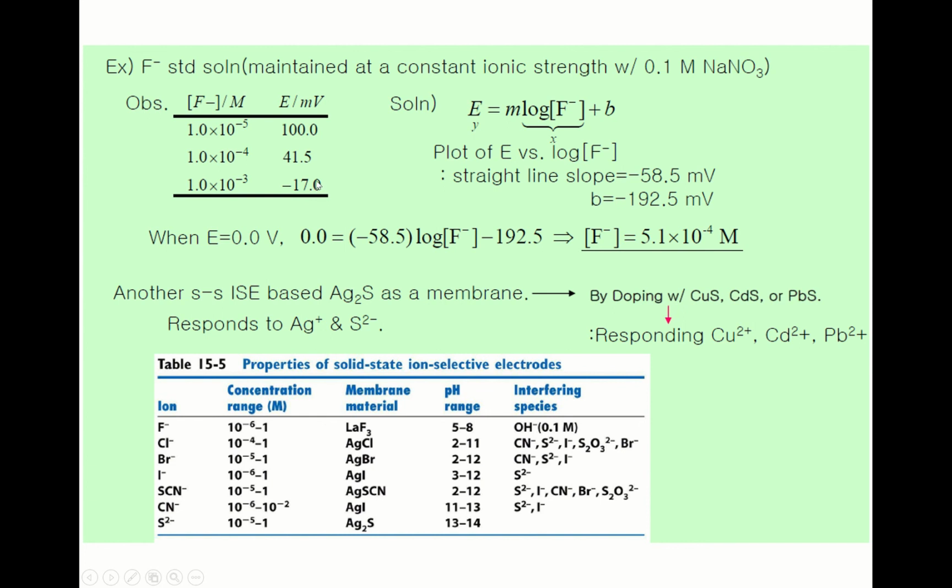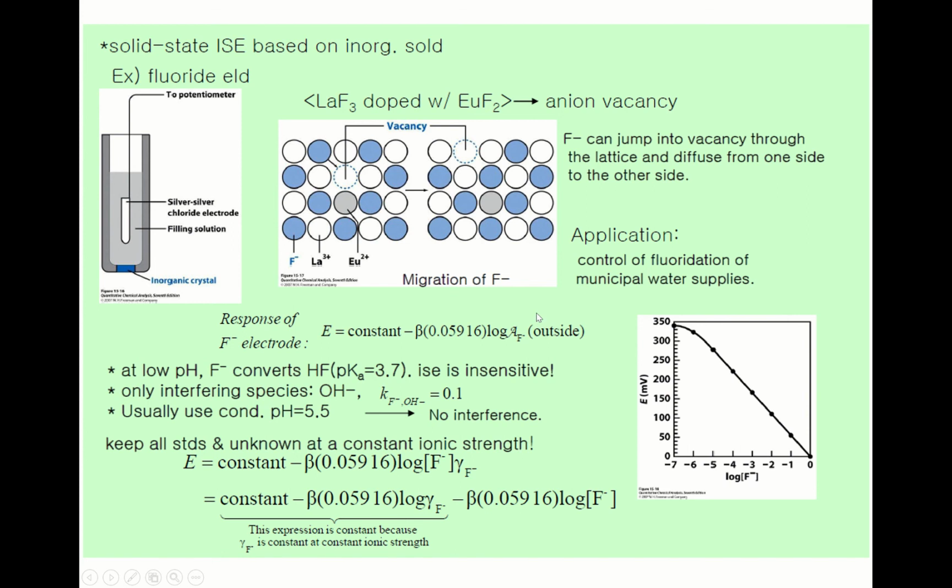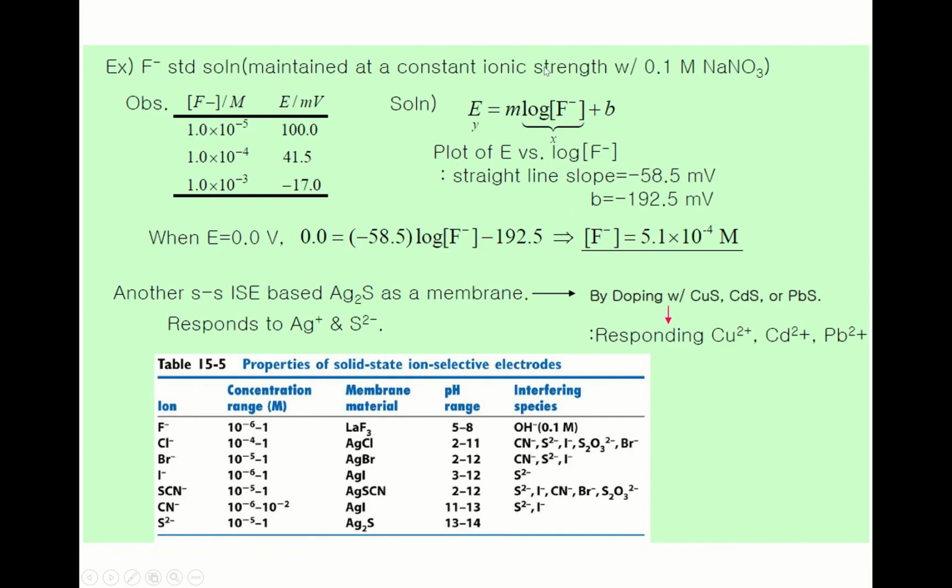And what is the question? We write it this way: what is the fluoride concentration at a potential of 0 volt? This equation can be written in this form: E equals m logarithm of fluoride ion plus p.